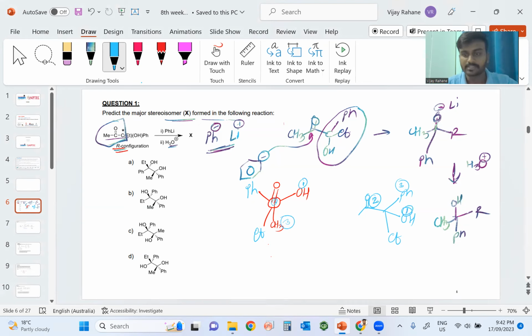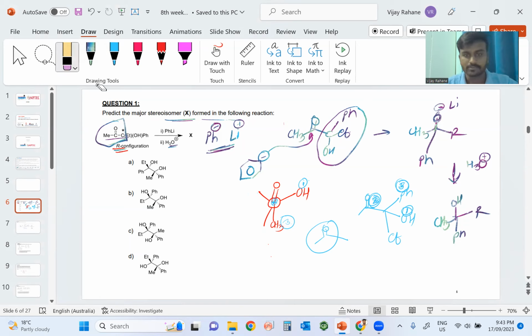Oxygen gets first priority, the carbonyl carbon gets the second, and the phenyl group gets third priority. This is above the plane, on the front side. If you expand the structure, it will be like this. The carbon group which has the second priority is above, and the third is again in the plane. So first, second, third, it is S. And the fourth priority group is the one we drew.